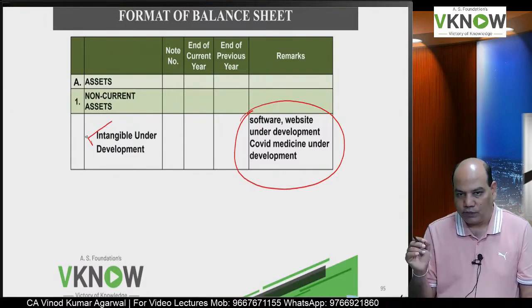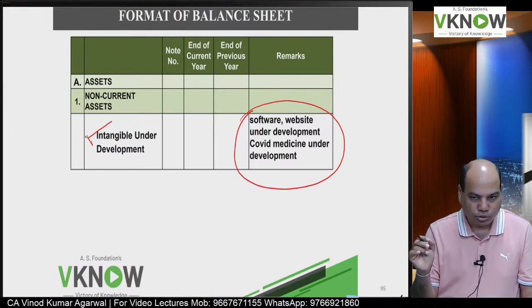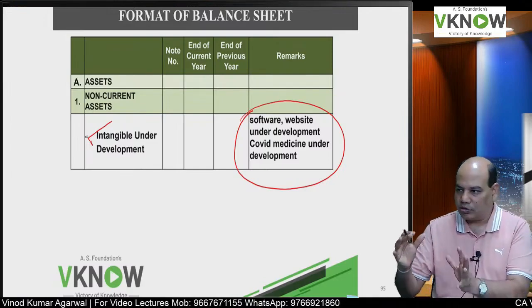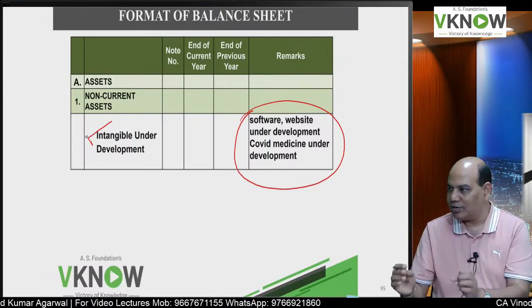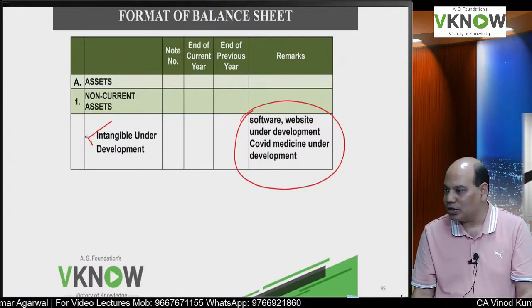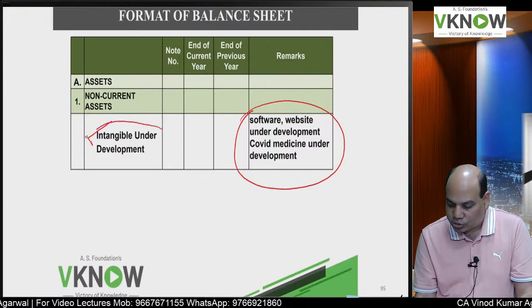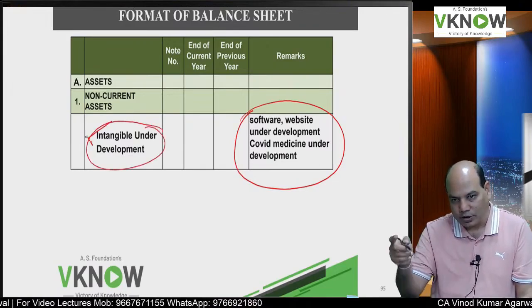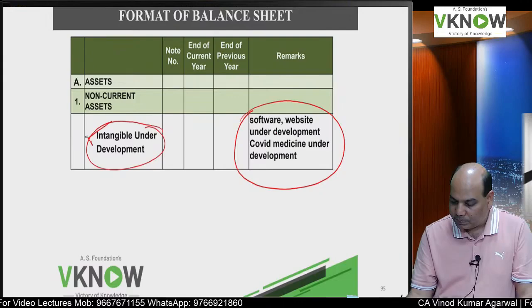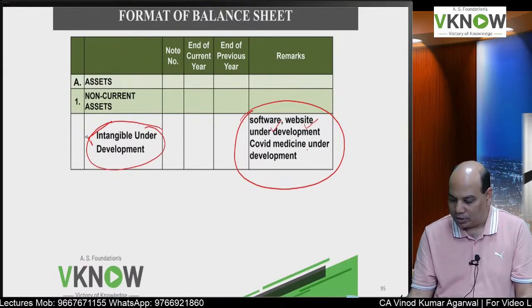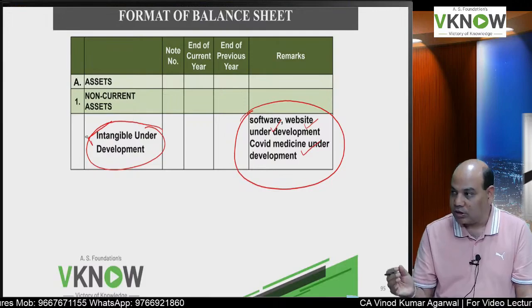So it is better to inform your investor users that so much money has already been invested in this intangible which is under development, and there are some disclosure requirement which I will tell you after some time. So examples are software under development, website under development, COVID medicine under development.